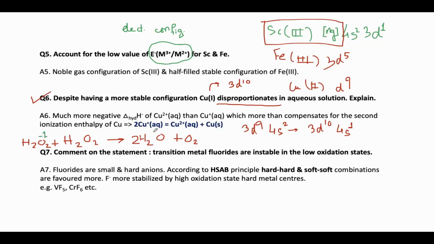But in water, the oxidation state of oxygen is -2. And in molecular dioxygen, the oxidation state is 0. So from -1 going to 0, the oxidation state is increasing, so it is getting oxidized.